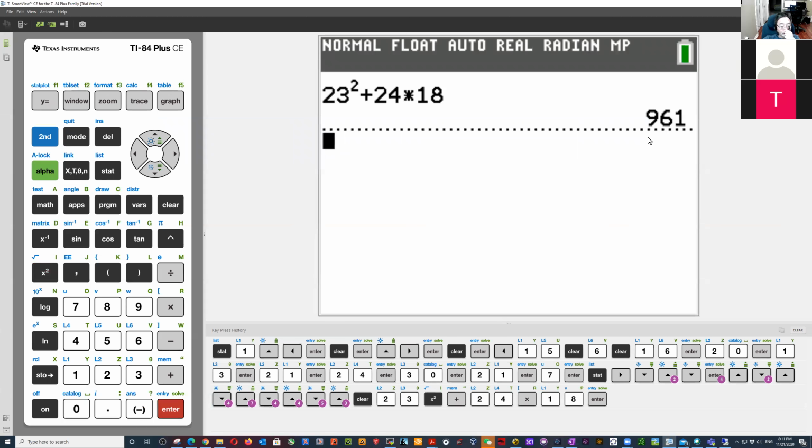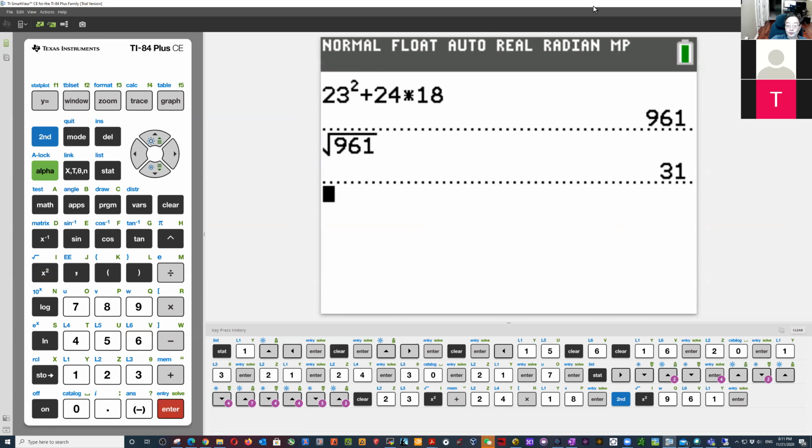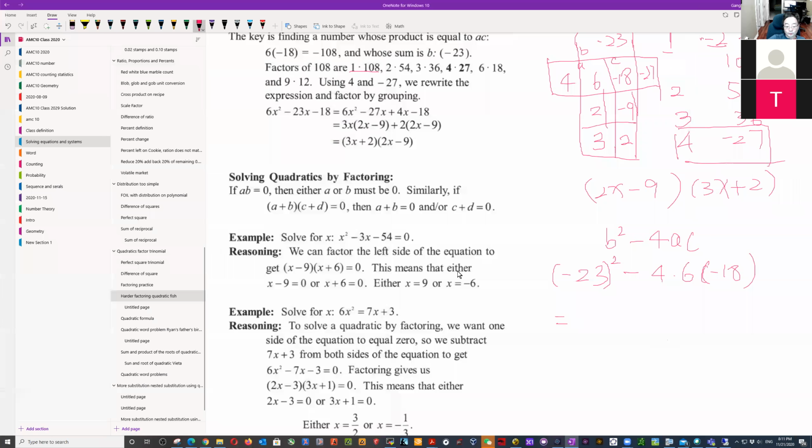And this is actually 31 squared. So if I take the square root, it is equal to 31. So this has to be a perfect square in order for this to work.